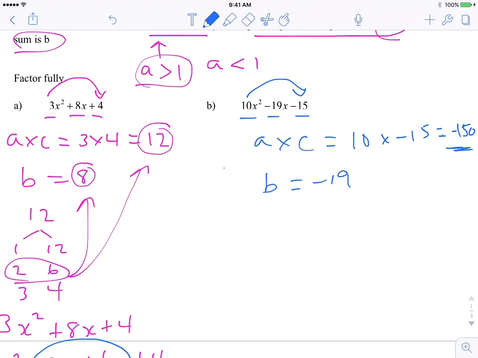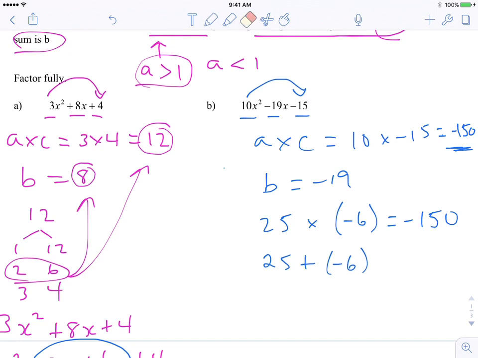So it has to add up to negative 19. And the only numbers I know that do that are a positive 25 times, in this case, we're going to multiply 25 times a negative 6. That'll equal negative 150. And in this case, 25 plus negative 6.